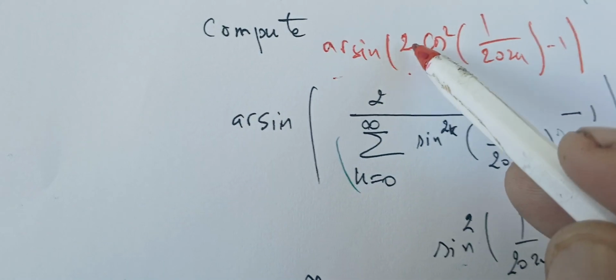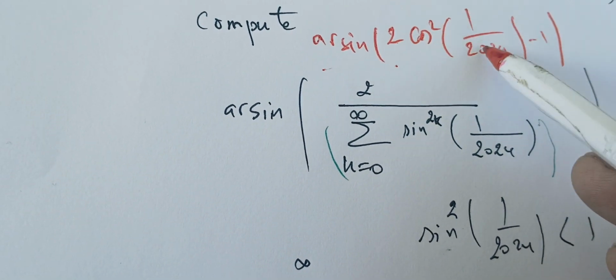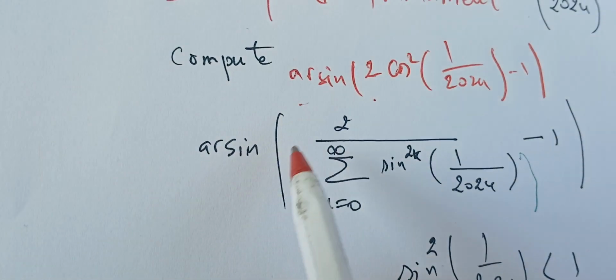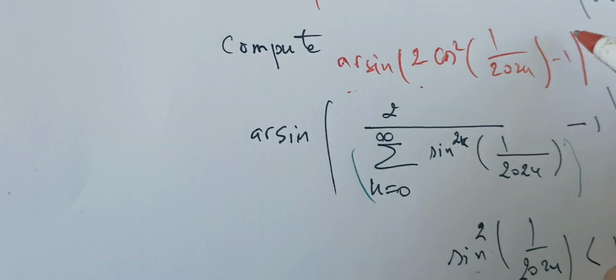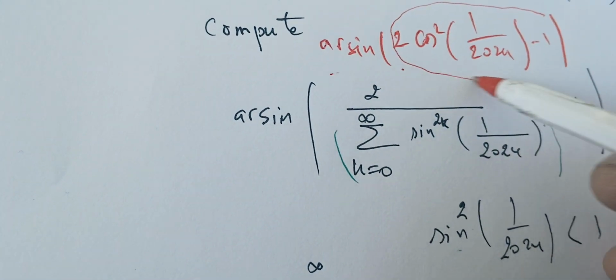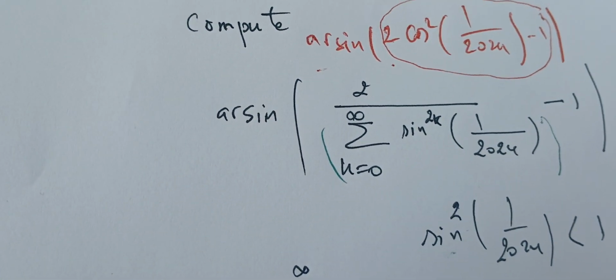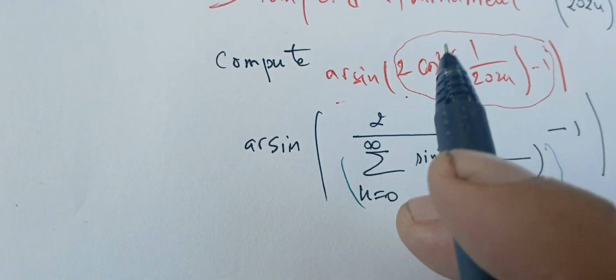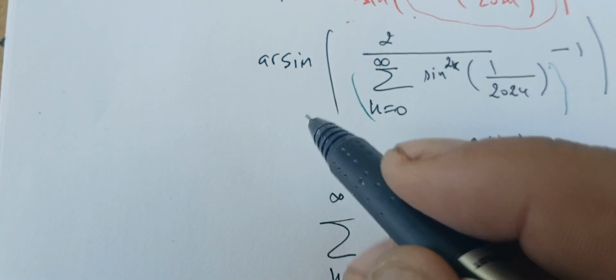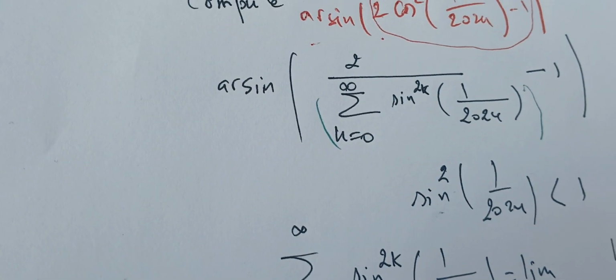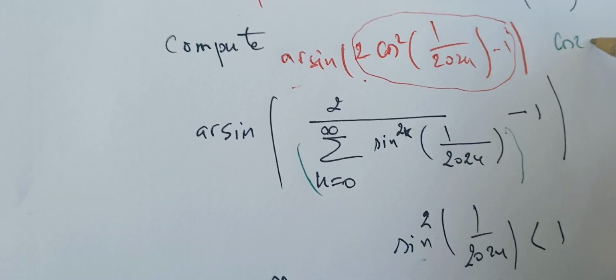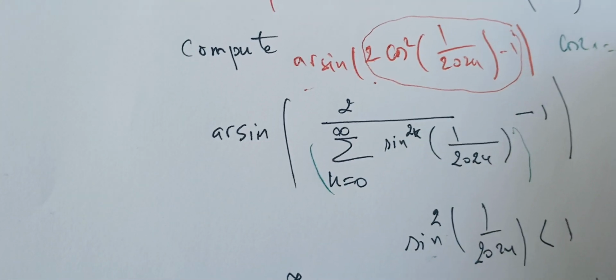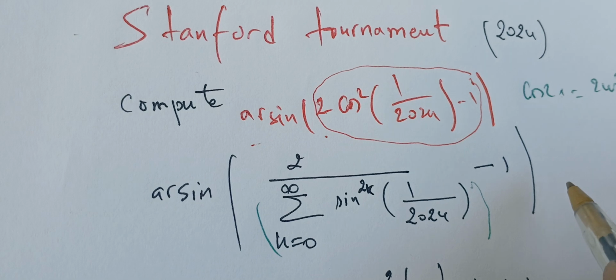So the arcsine of 2 cosine squared of 1 over 2024 minus 1. Okay, but here I know this one. I can simplify this one more time by remembering that the cosine of 2x is 2 cosine squared of x minus 1.